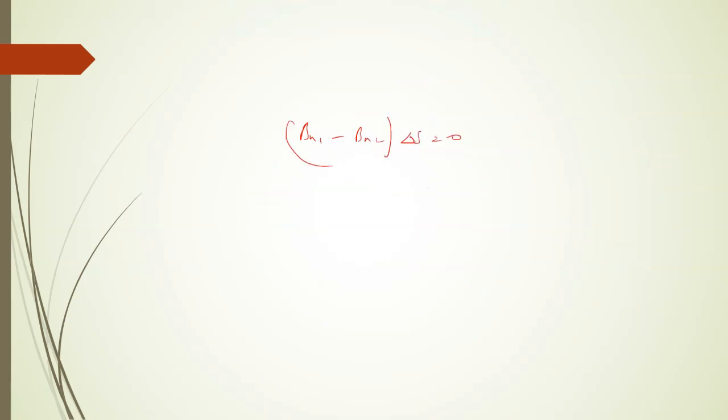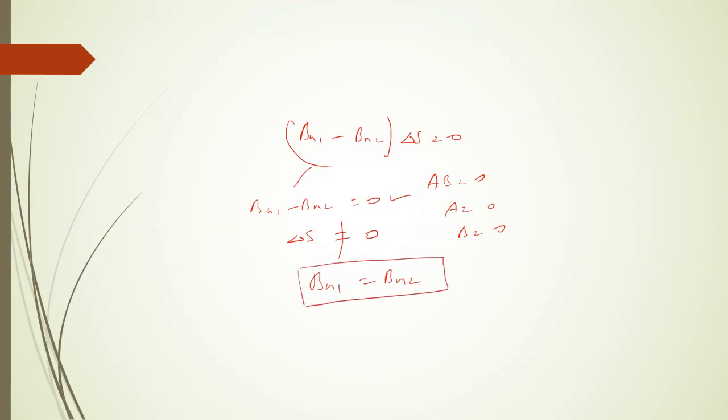Now if AB equals 0, then either A equals 0 or B equals 0. So in this case, either Bn1 minus Bn2 equals 0 or delta s equals 0. But delta s cannot be 0 because it has some area. So Bn1 minus Bn2 equals 0, that is Bn1 equals Bn2.